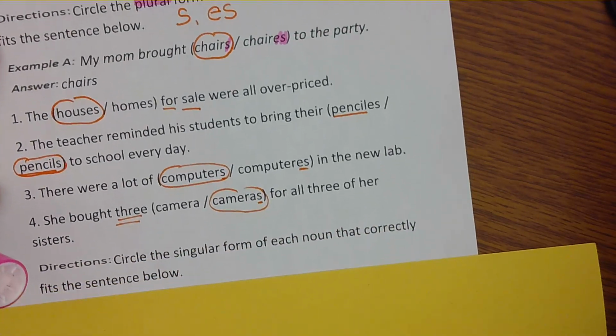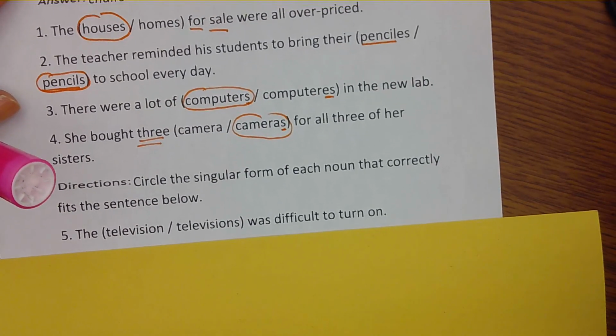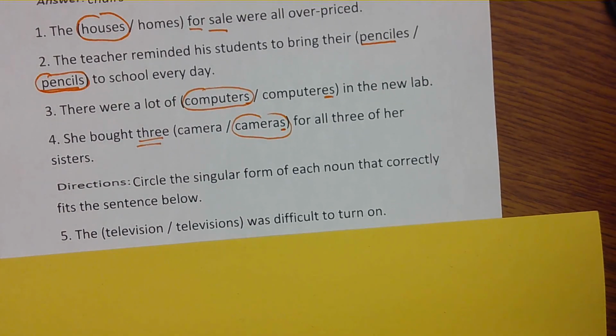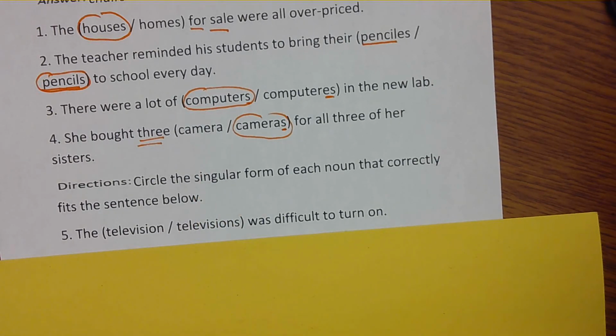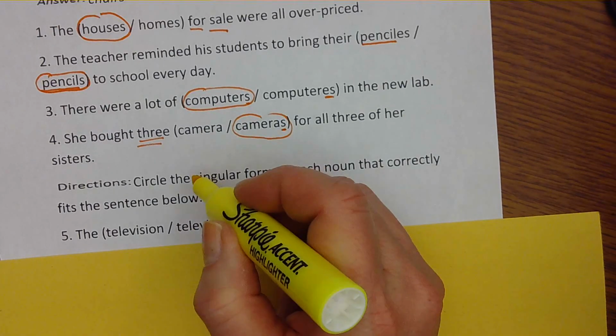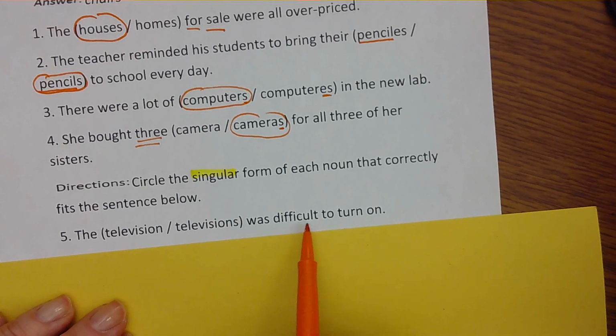All right, let's look at doing it a little different, just like that one. We're going to circle the singular form of each noun that correctly fits the sentence. So now we're talking about singular means one. So singular meant one thing, one person. So here, the television was difficult to turn on, or the televisions was difficult to turn on.